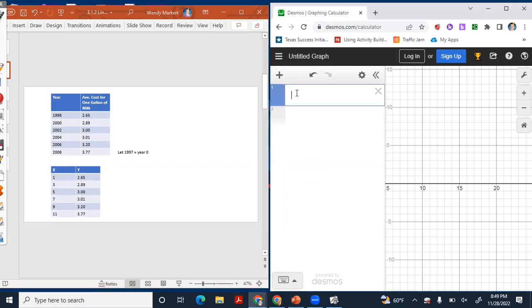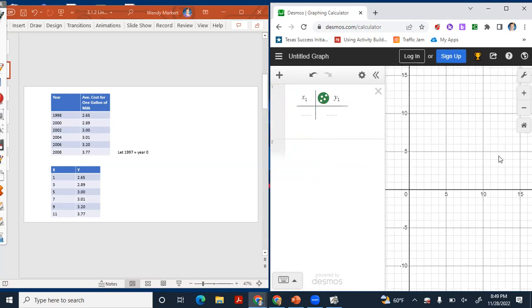So I'm going to click on the first box and then click the plus to add a table. And let's fill in our values. Before I do that, let me move my graph over a little bit.